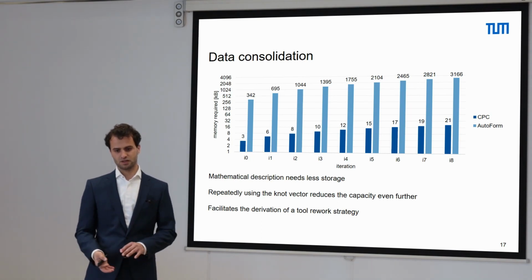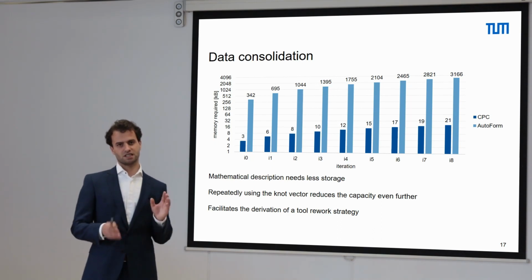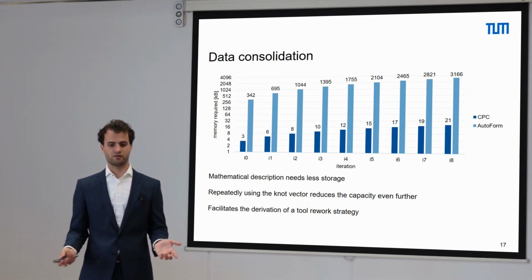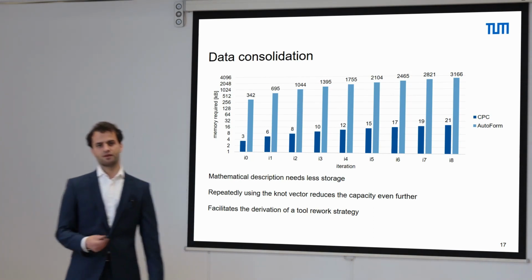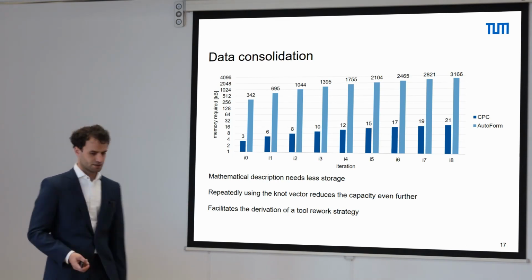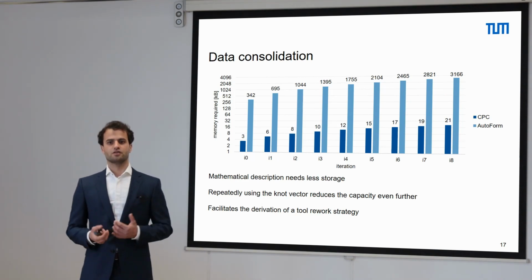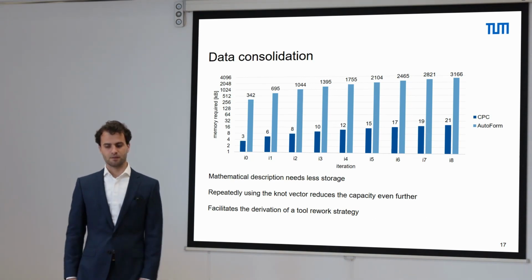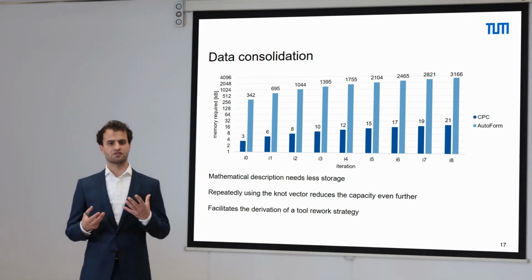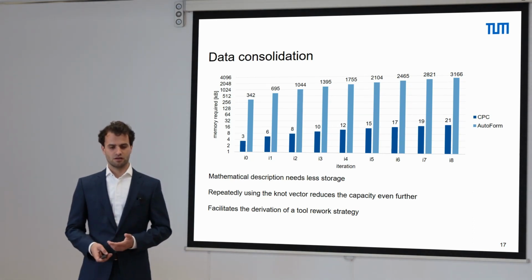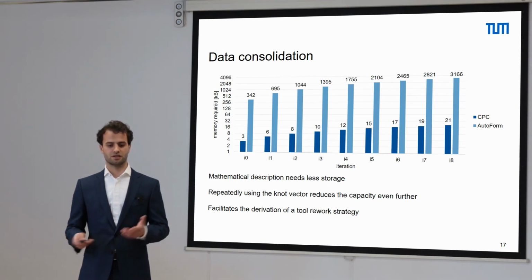But compare this to the AutoForm compensation method, just saving the STL exported files after the springback. We need more than 3 megabytes to save our data. And I've shown you a really small part, like this. If we use this approach for, for example, a door of a car, you can imagine the main advantage of this representation method.